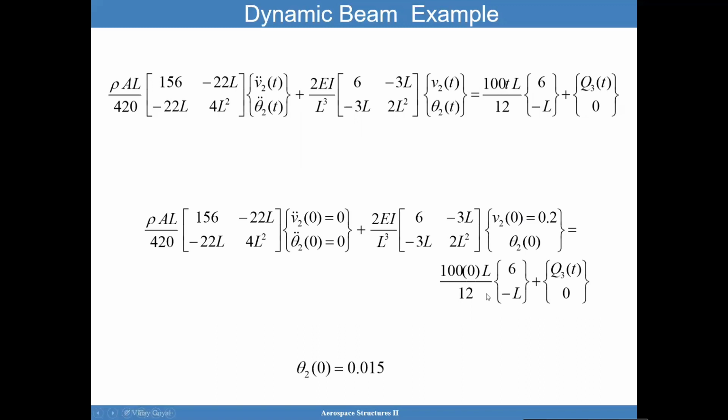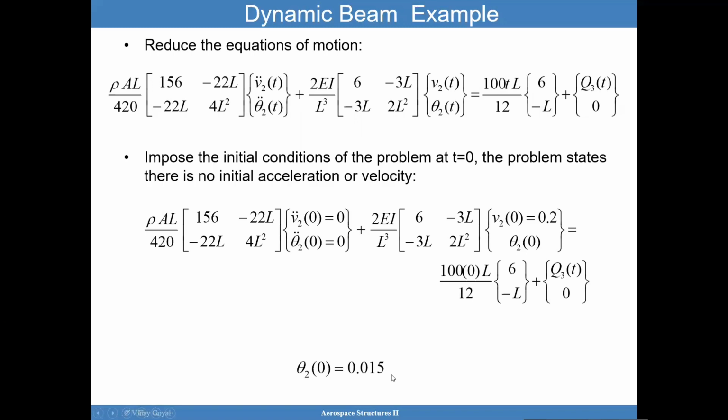So the only unknowns then become θ2 and Q3. And so I can solve for θ2, basically I get 0.015. And so I'm able to calculate the rotations at the other end of the beam. Remember, subscript 2 here is node 2, which is at the other end of the beam, the right-hand side. And node 1 is where it's clamped and it's fixed.